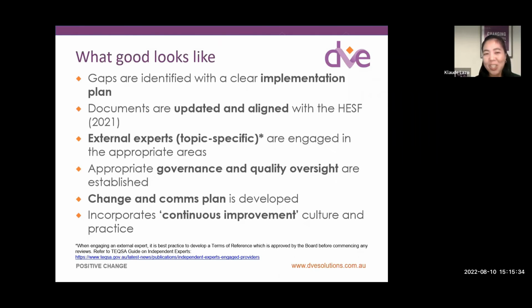Just like what Danny mentioned, what good looks like as well is that preparation for re-registration is not a one-off activity every 7 years. It has to be demonstrating continuous improvement culture and practice, which means there has to be regular external referencing, as mentioned, and internal audits in the institution as well. So that's pretty much it on what good looks like for your submission management.